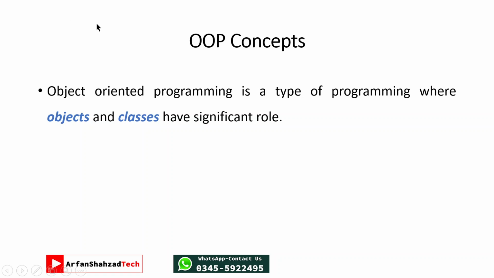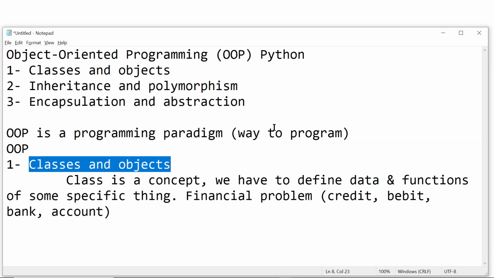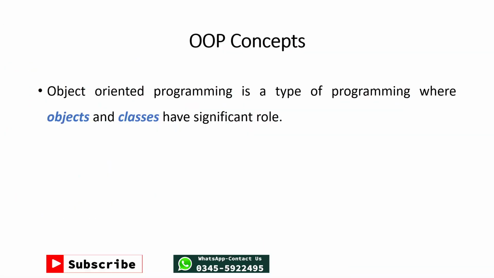First of all, object-oriented programming is a type of programming where objects and classes have a significant role, just like I have shared with you. These two concepts are very important, classes and objects. So in the OOP paradigm, classes and objects are significant.